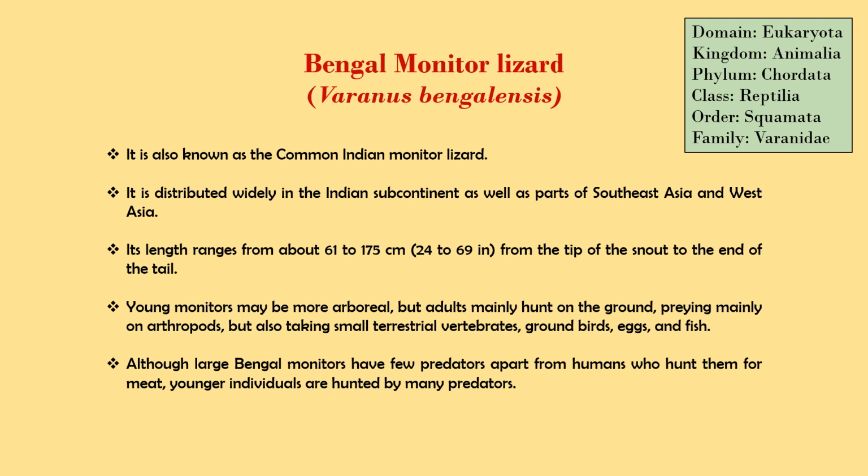It's a large animal, but they also have some predators, like humans. They hunt them for their meat and skin also. But the younger individuals of Bengal monitors are hunted by many predators; sometimes eagles also prey on these young ones.